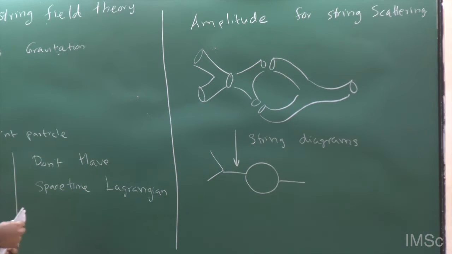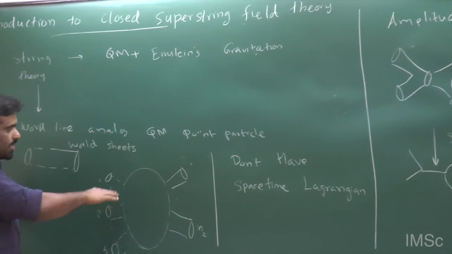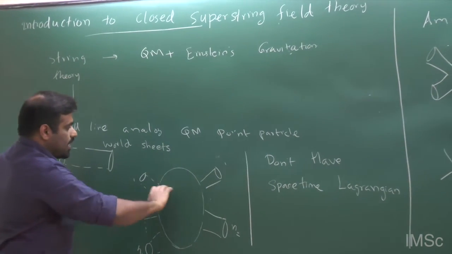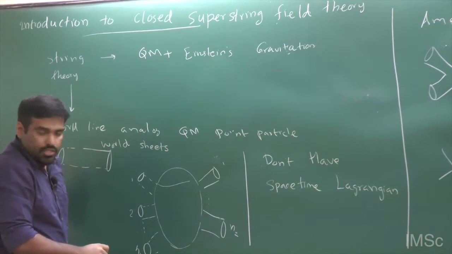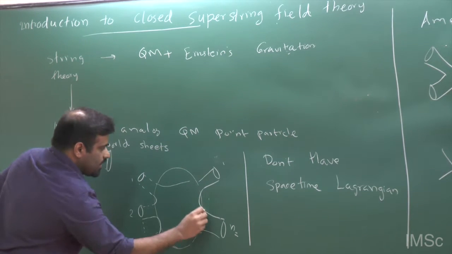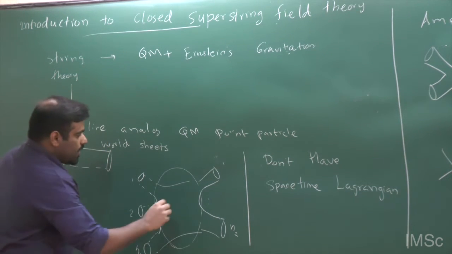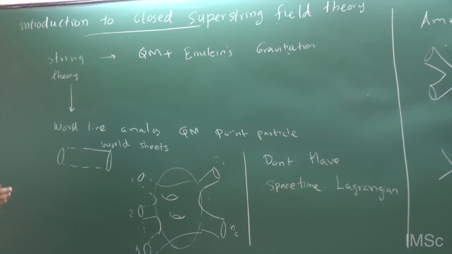That is equivalent to saying that if you want to compute the scattering amplitude for a process like this, you have to consider all possible connections that give you a world sheet. You could have a connection like this where you have no handles, or you could introduce a number of handles here, and you are supposed to sum over all possible such world sheets.